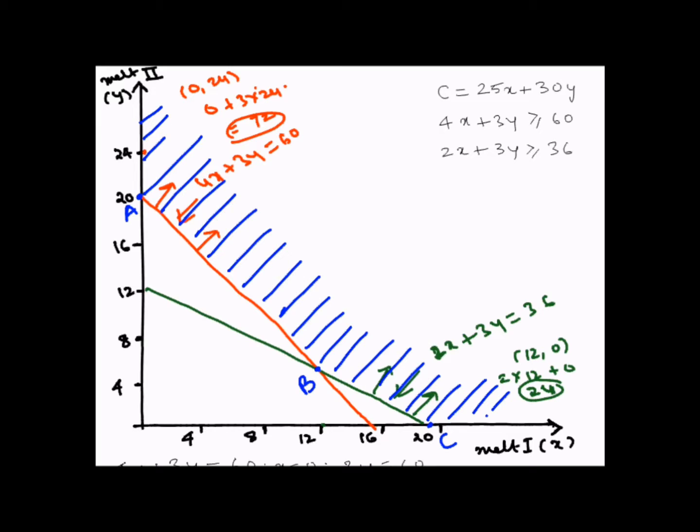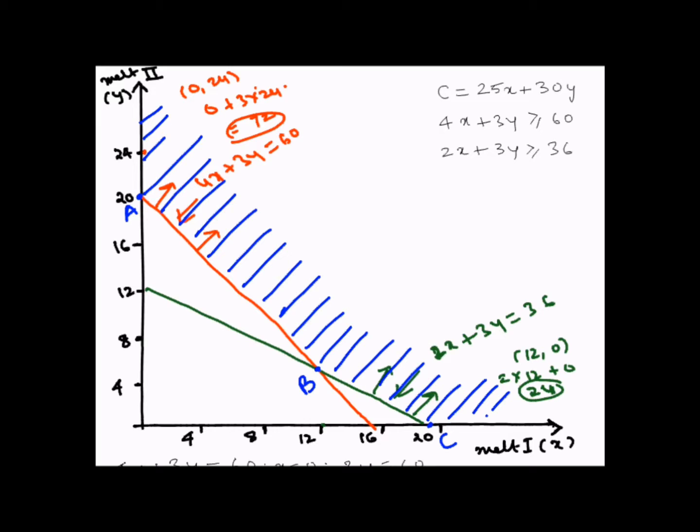When we solve these two equations, the value of x and y will be the coordinates of this point, and the value of x will represent the quantity of melt 1, and the value of y will represent the quantity of melt 2.